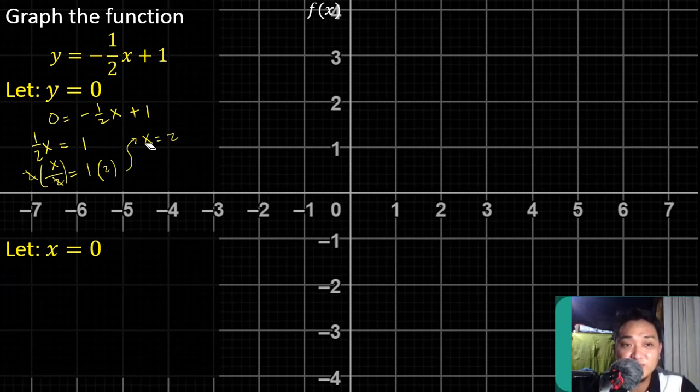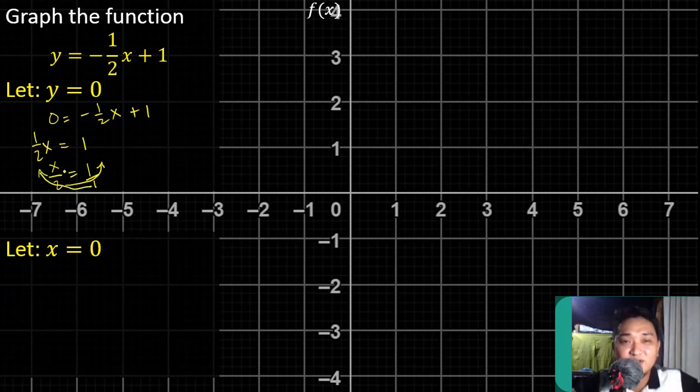Kung cross multiplication naman yung gagamitin natin, yung pinaka-technique na ginagamit ng karamihan, burahin ko lang to, x over 2, yung nandito sa baba, ilalagay natin doon. Etong over 1, ilalagay natin din sa kabila. So, parang nag-interchange lang sila. Ang magiging katabi ni 1, si 2, at magiging katabi ni x, si 1.